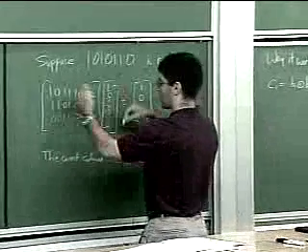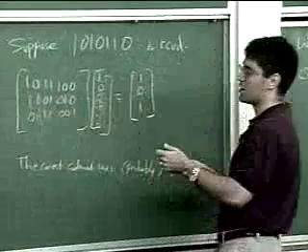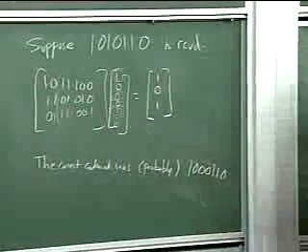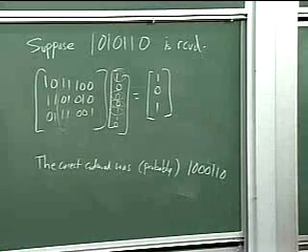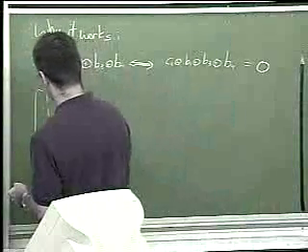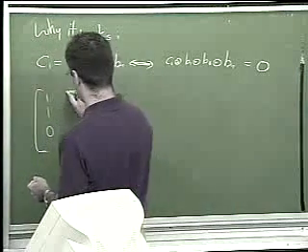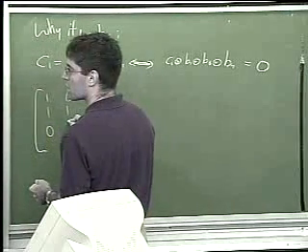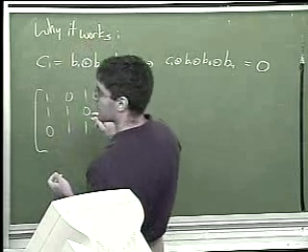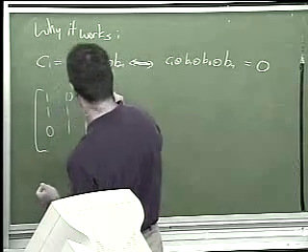We went row, row, row. But another way to do it is to say, let me redraw it. So I've got these 3-bit components, 1, 0, 1. What's the next one? 1, 1, 1.